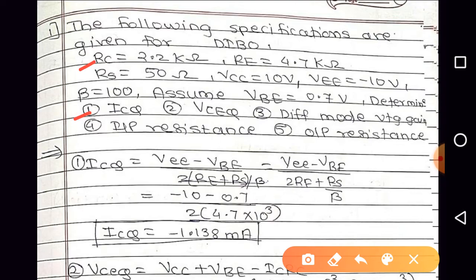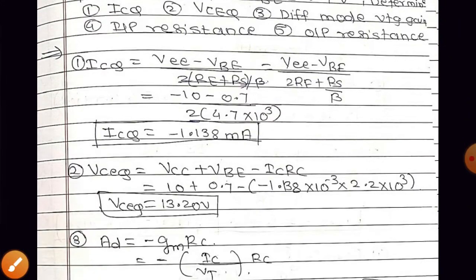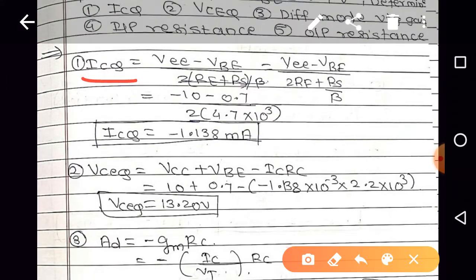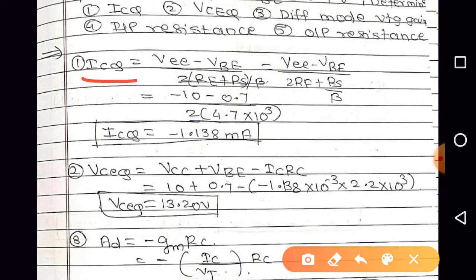Now first parameter, ICQ. Directly we have the formula: VEE minus VBE upon 2 RE plus RS upon beta. All these things are given, put the values, do the mathematical operation, we will get ICQ is equal to minus 1.138 milliampere.